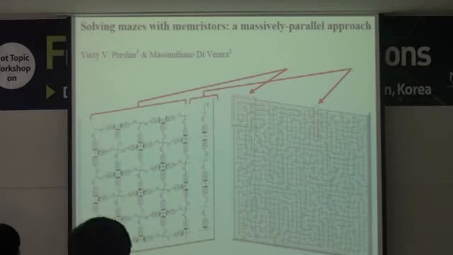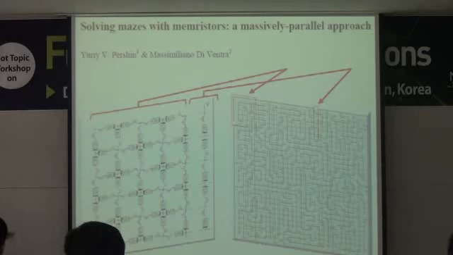The maze has two doors, and in the memristor grid we can set a system of walls in the maze. Then when we put voltage on one gate and ground on the other gate, we obtain directly in the states of the memristors the route between the two gates.